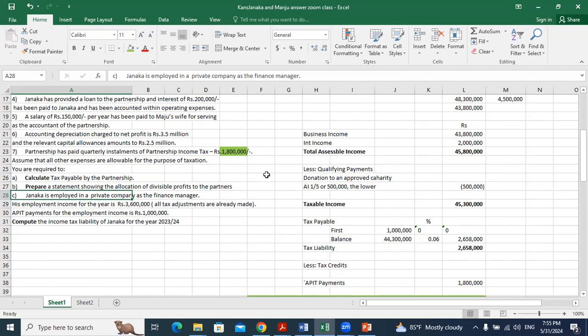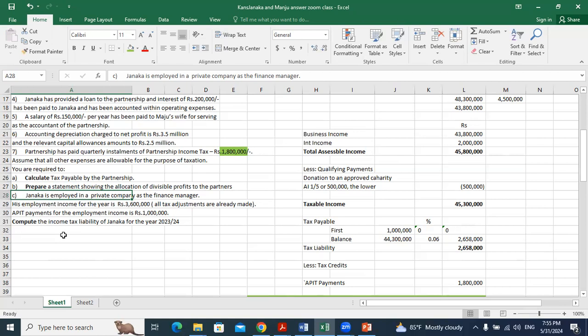Now we'll proceed to part C. Janaka is employed in a private company as the finance manager.